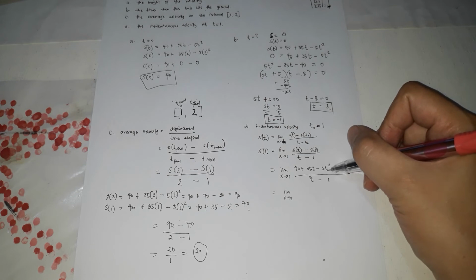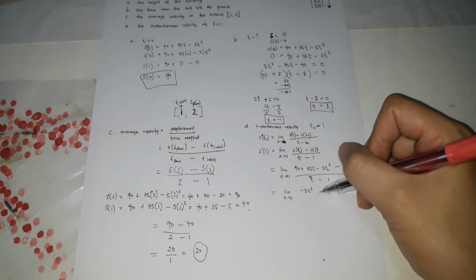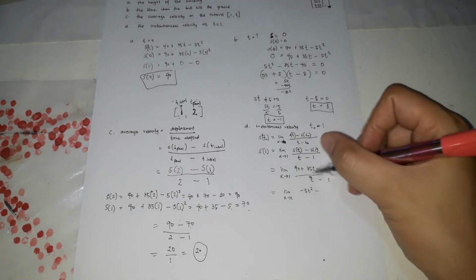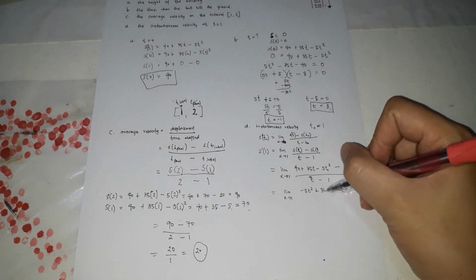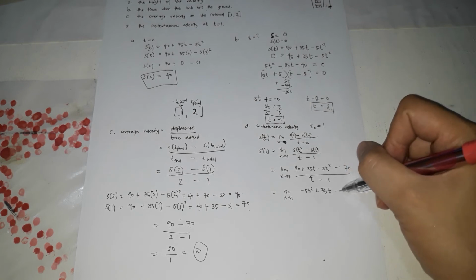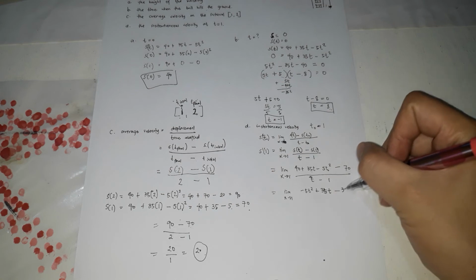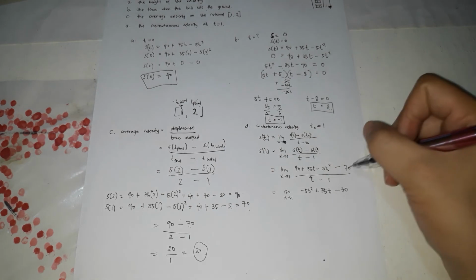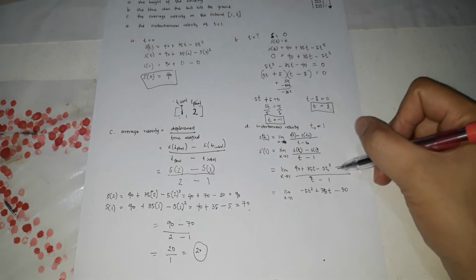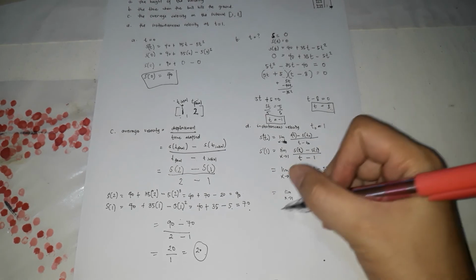Arrange natin in standard form. So mauna itong negative 5t squared plus 35t, 40 minus 70, that's negative 30, over t minus 1.